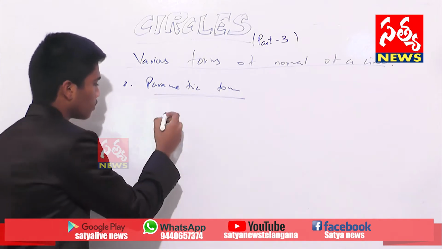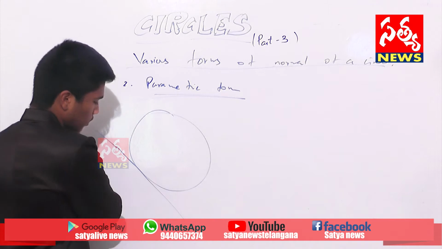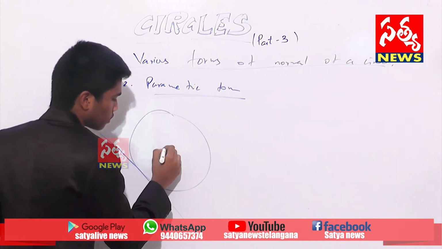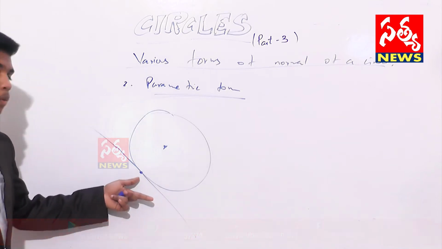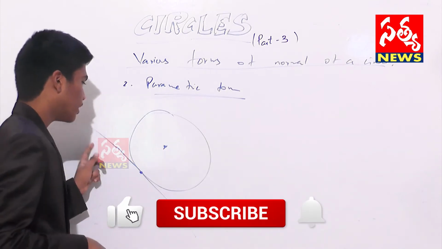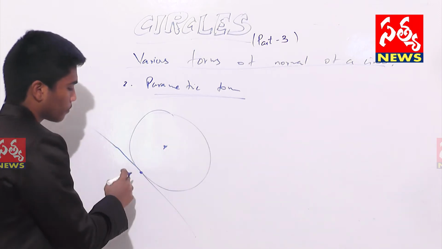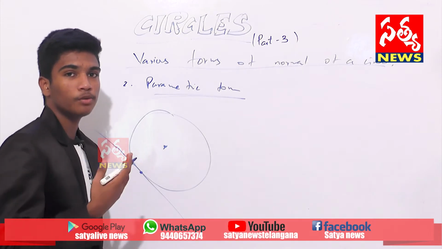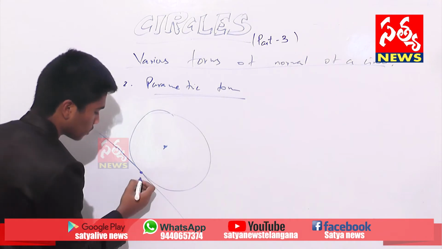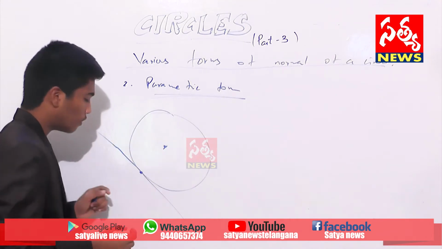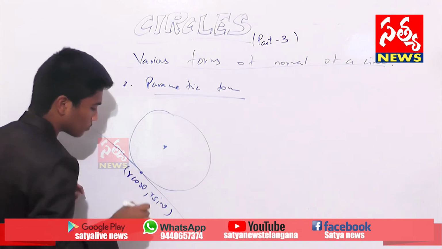In this, we have a circle, a tangent to the circle, and the center. What is the point of intersection of the tangent and the circle in parametric form? This I have explained in part 2 of circles. Please check there before watching further. This point will be r cos theta comma r sin theta.